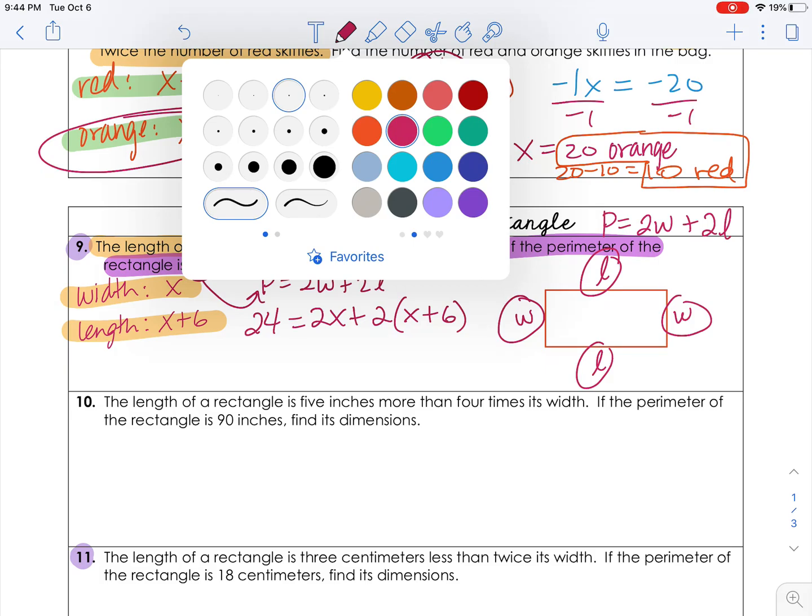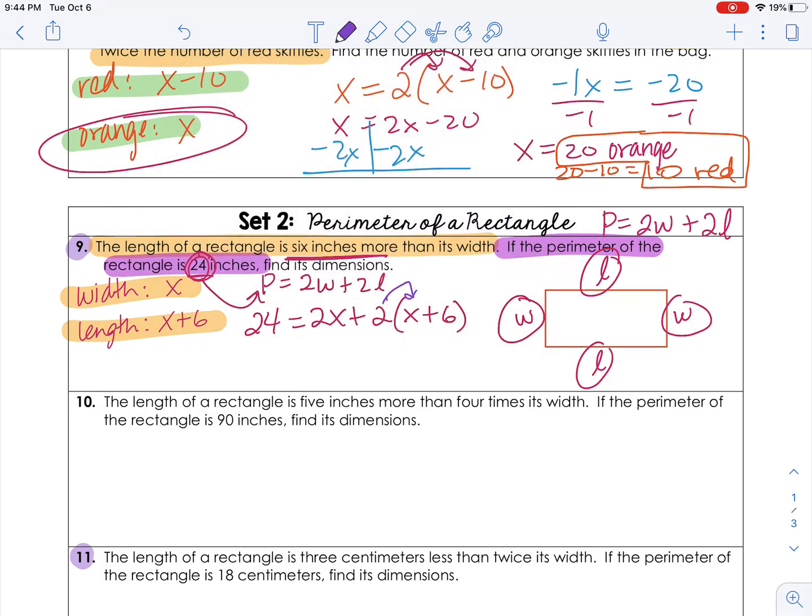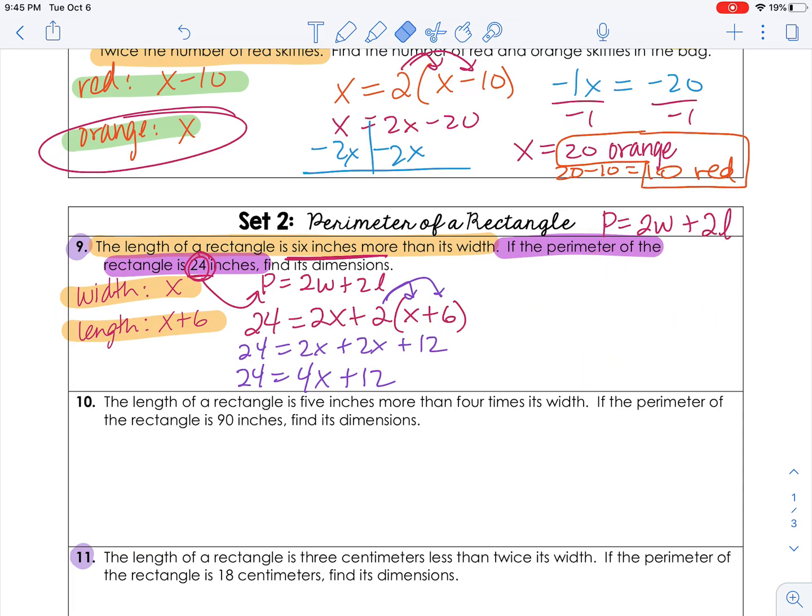So from here, we just solve this problem like we know how to do. We distribute the 2. 24 equals 2x plus 2x plus 12. Combine like terms, 24 equals 4x plus 12. From here, we need to subtract 12 from both sides.